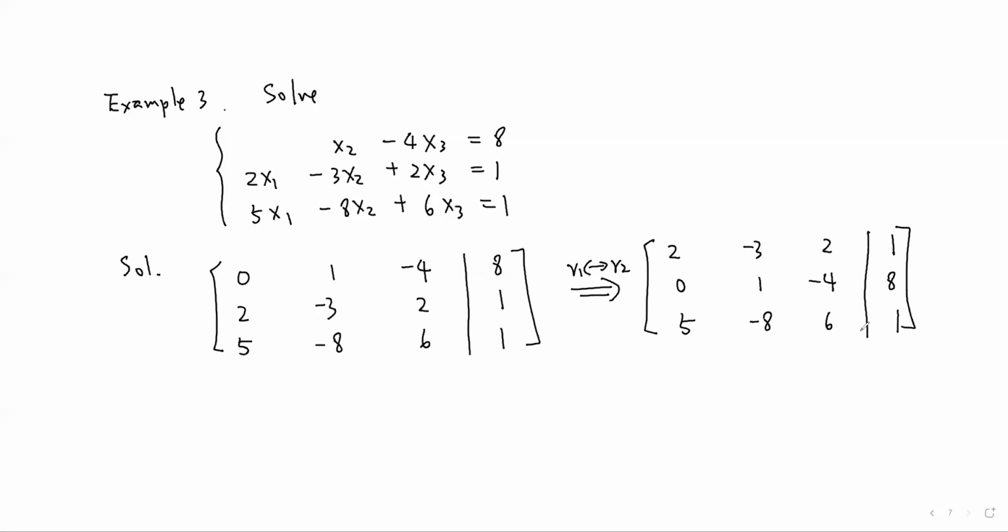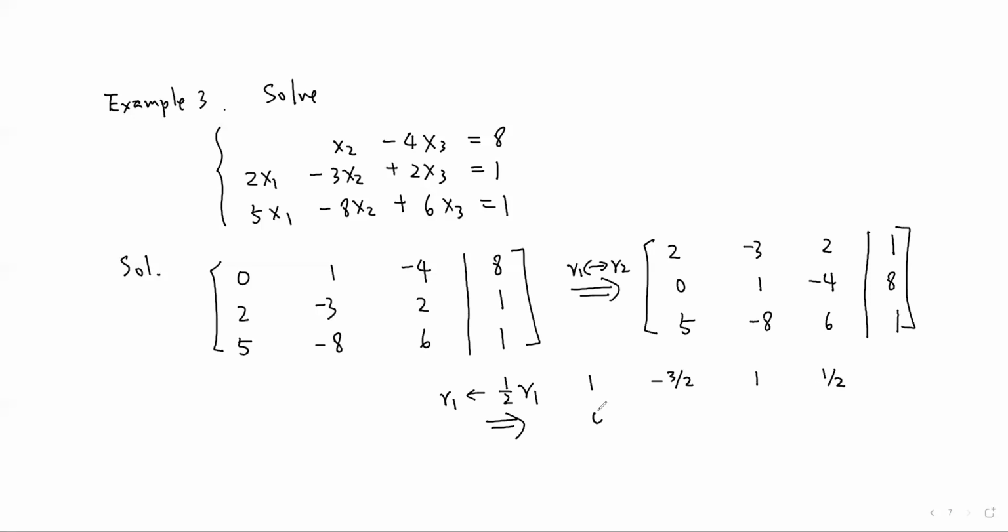And then, according to my notes, I scale the first row first. 1/2 times first row. Then put the new row in the first row, scaling. 1, -3/2, 1, 1/2.